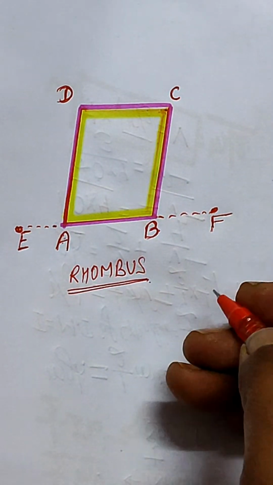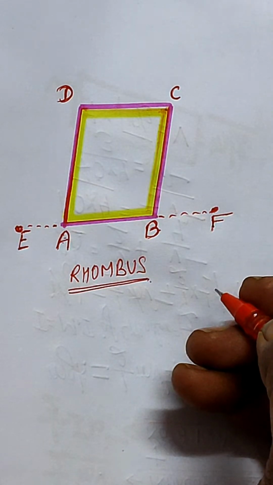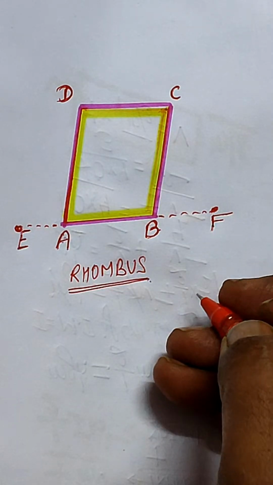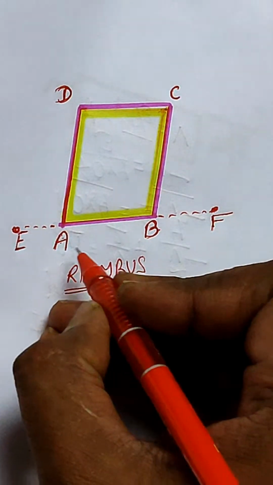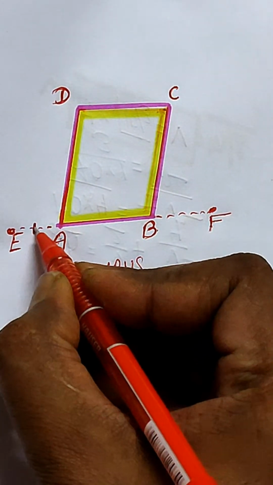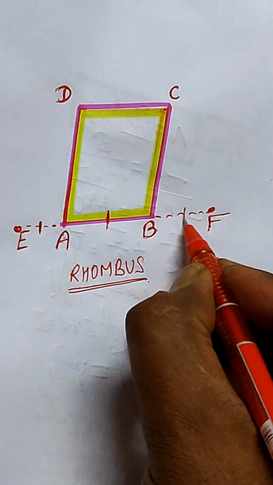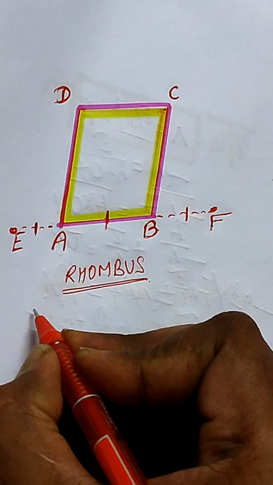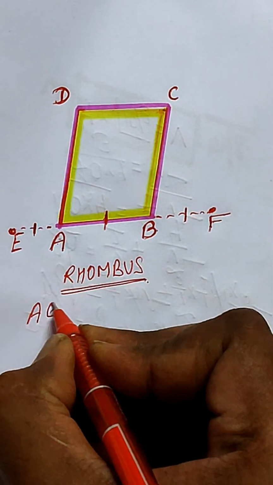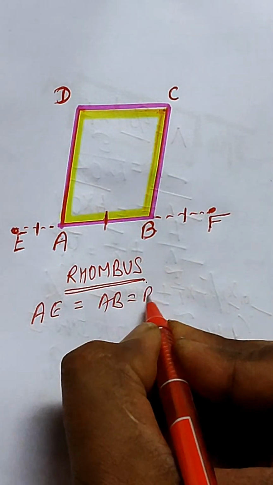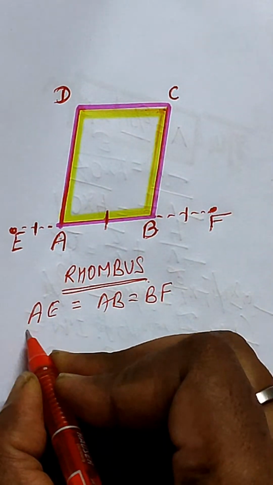Then we need to prove that ED and FC are perpendicular to each other, and the condition is that AE equal to AB equal to BF. That means AE, this length, is equal to AB, this length, is equal to BF. This is given to you.